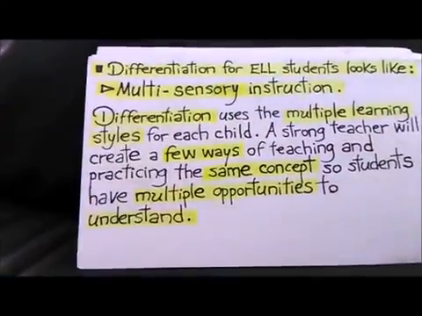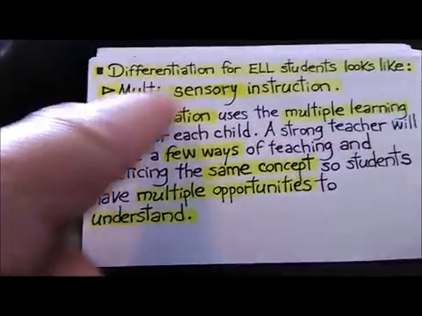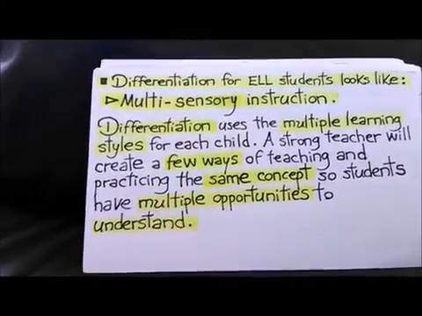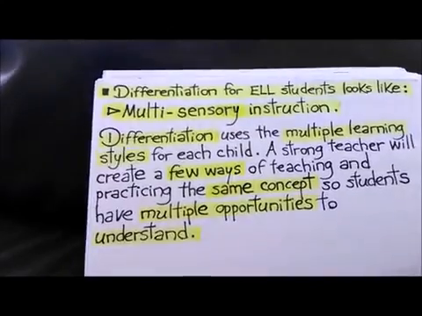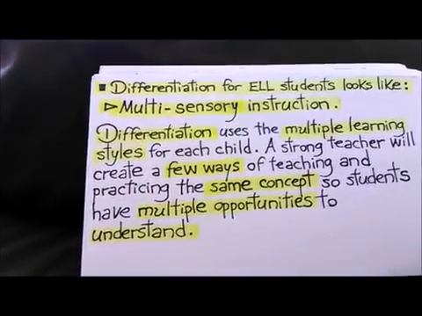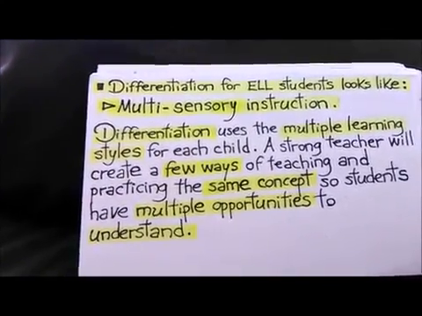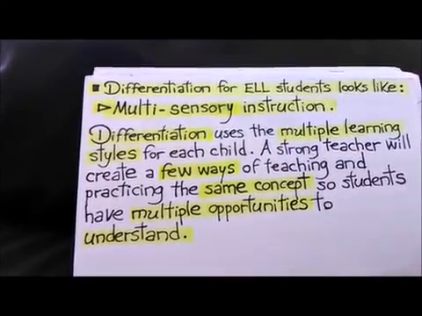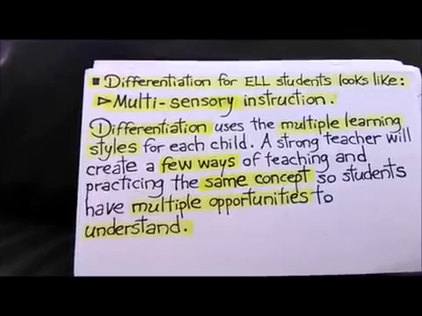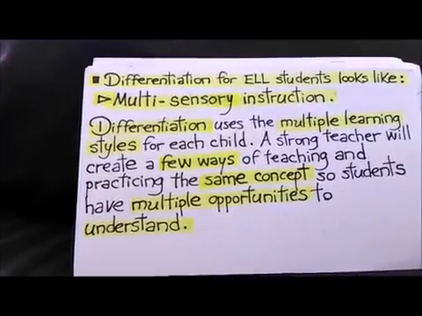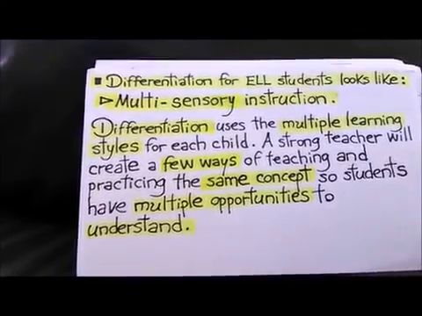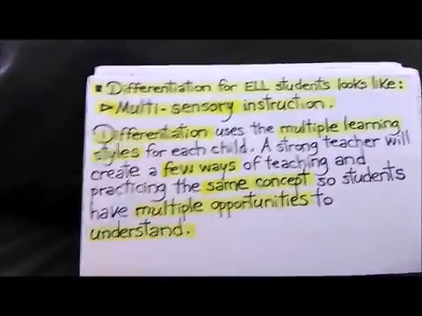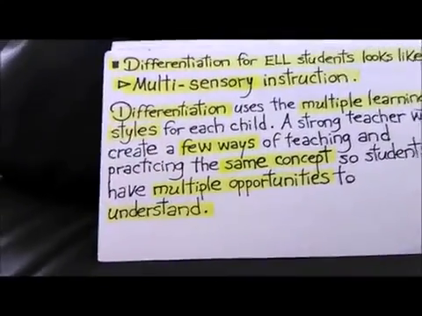Differentiation for ELL students looks like multi-sensory instruction. Differentiation uses the multiple learning styles for each child. That's right. A strong teacher will create a few ways of teaching and practicing the same concept, so students have multiple opportunities to understand the concept, okay?